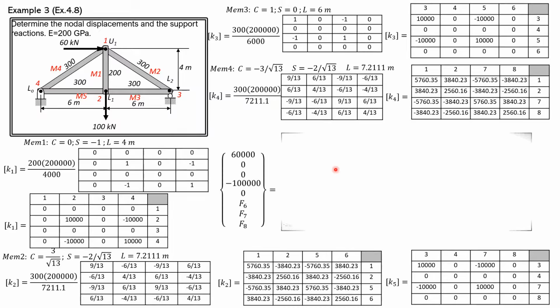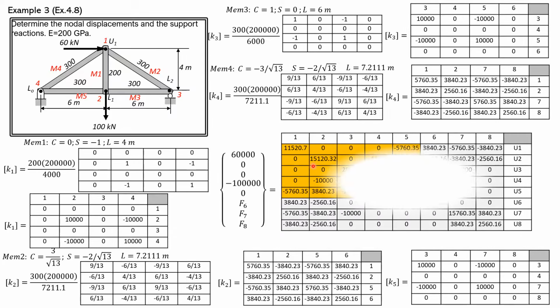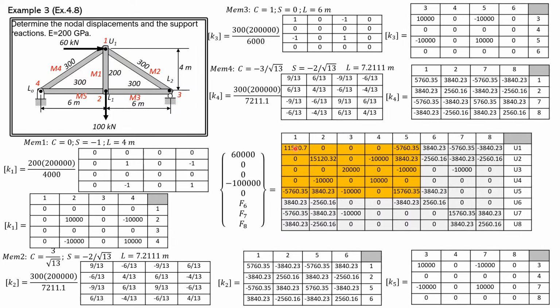Then for the global stiffness matrix, we have 1, 1 here. So we add: for K1, it's 0. For K2, we have 5760.35. For K3 is none. K4, we have another 5760.35. Then K5 is none. There's no 1, 1 here.